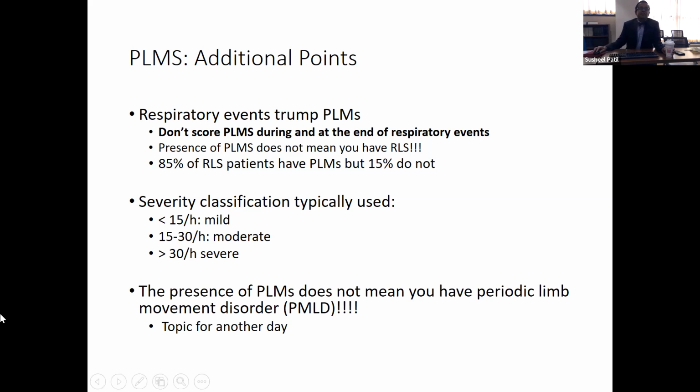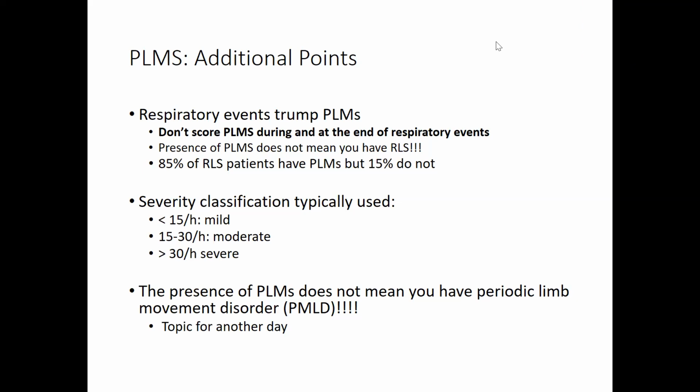I think Sally has a question, says for comment that our CMS patients have more PLMs based on this rule. I'm not quite sure which rule. I just thought it was interesting. Sorry, I'm not sure I follow that. Sally, you want to comment? Sure. So the respiratory rule for CMS is 4%.